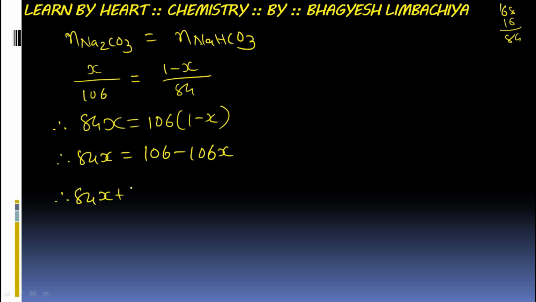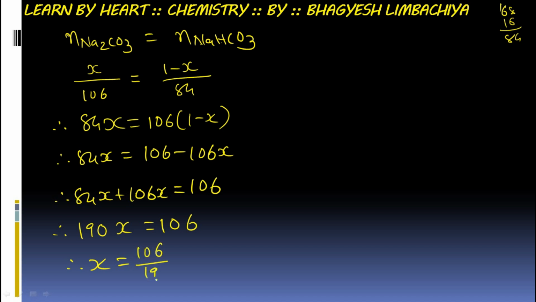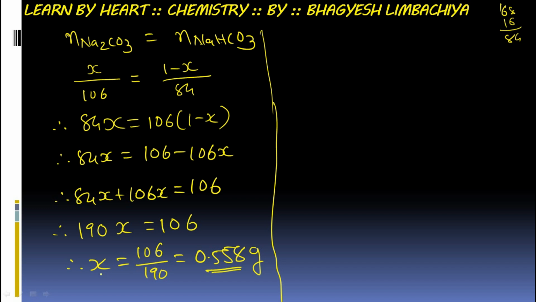So in addition we are getting 190x equals 106, and then x can be calculated, and it is 106 by 190, and it is 0.558 grams. So this will be the mass of Na2CO3.